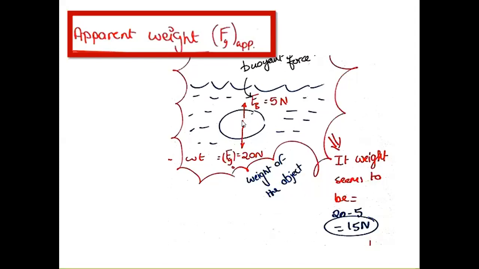So if I ask you, why do we feel objects lighter than their real weight when they are submerged in fluids? You will say, because of the buoyant force, which is acting upward, opposite to the weight, so it decreases the weight.